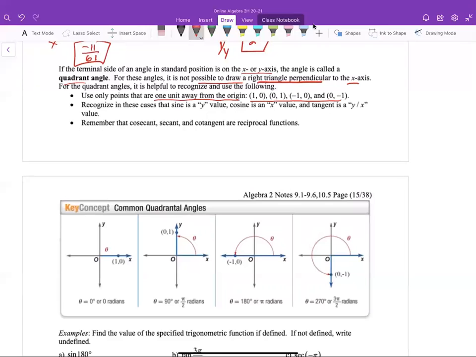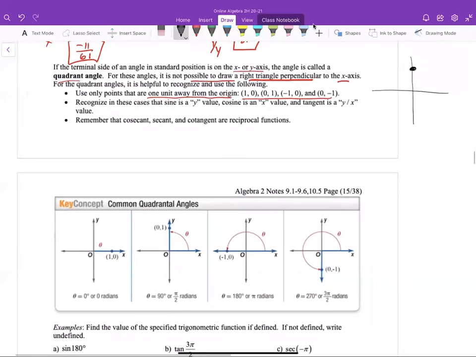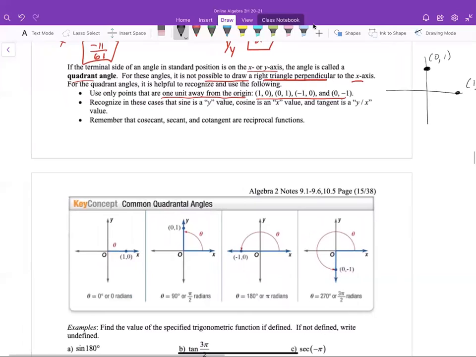So for example, if I am at 90 degrees, that's actually not 90 degrees. The first one is at 0 degrees. That has a point of an x value of 1 and a y value of 0. The next one would be at 90 degrees, and that would have a point of 0 for x and 1 for y.